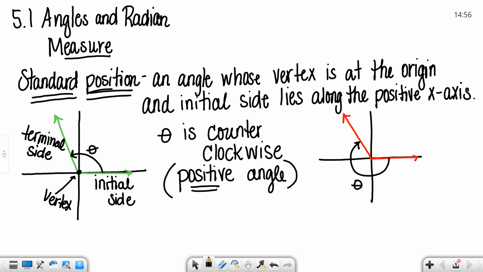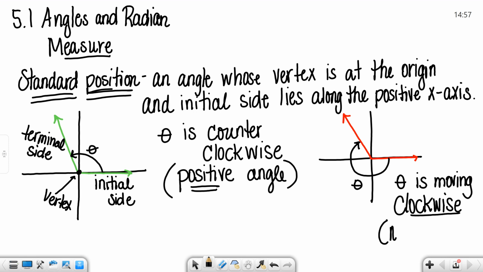So this one is moving clockwise, not counterclockwise. When theta is moving clockwise, then it is going to be a negative angle. You may remember some of that, maybe not from Math 112, but if you took a pre-cal class in high school, you may remember some positives and negatives there.